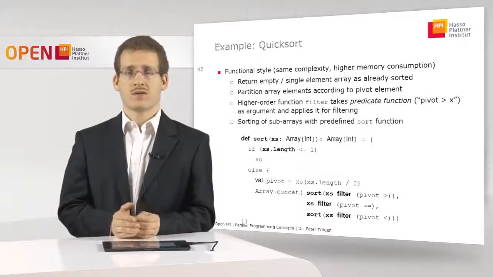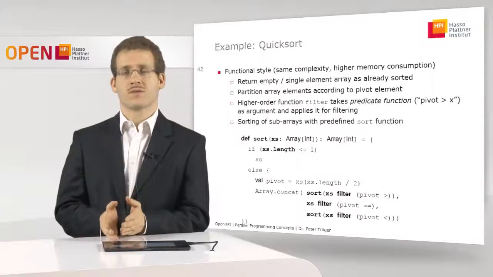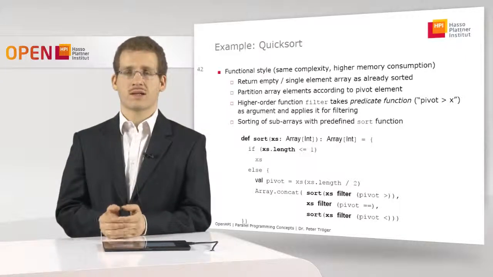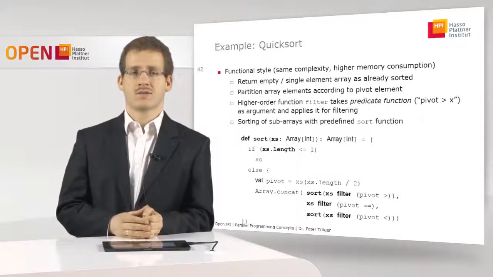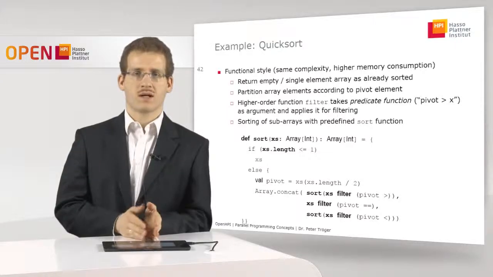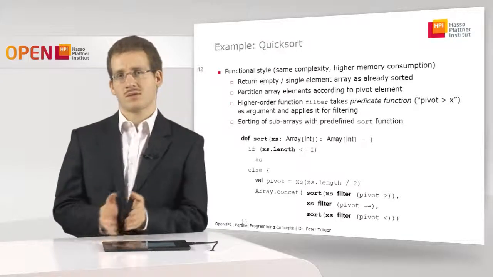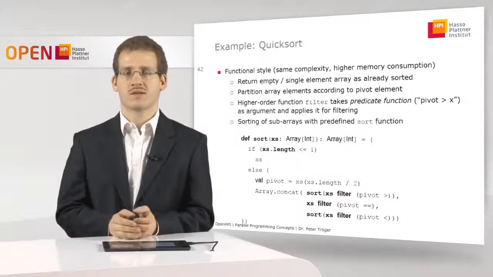So the filter higher order function takes a predicate function and applies it to all the different values for filtering. So what you get at the end is a reduced set of elements as a result from the filter operation. And here this is used in order to filter out the elements that are either larger or smaller than the pivot element, which is the typical operation we need in quicksort.